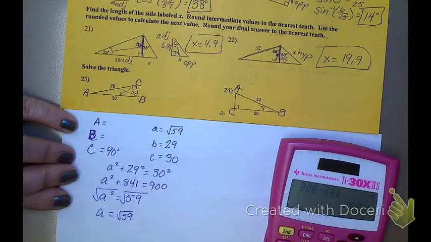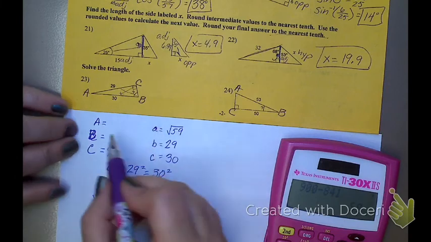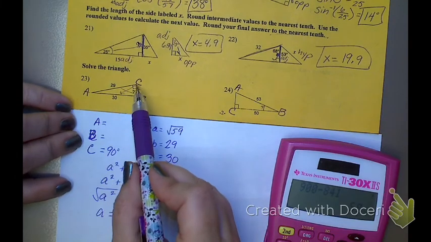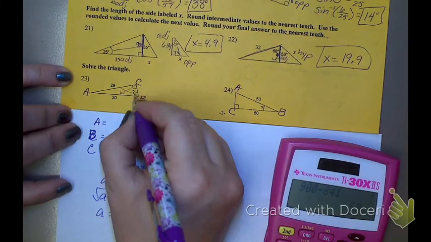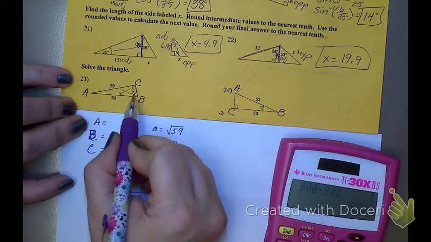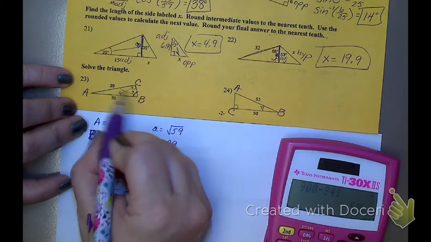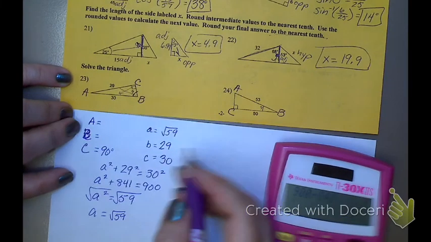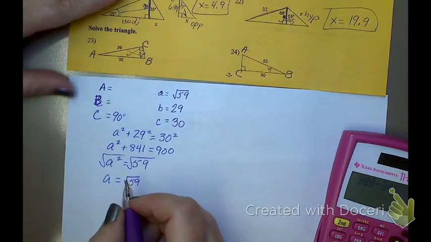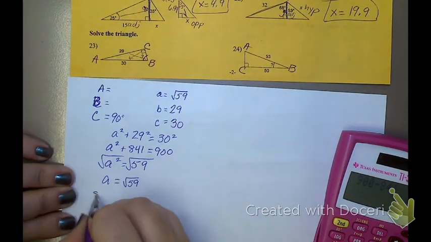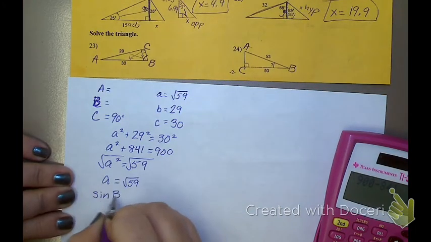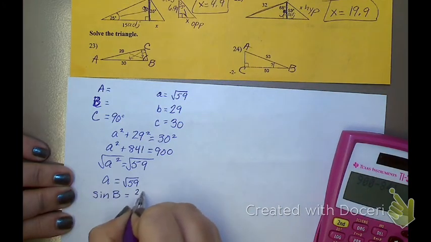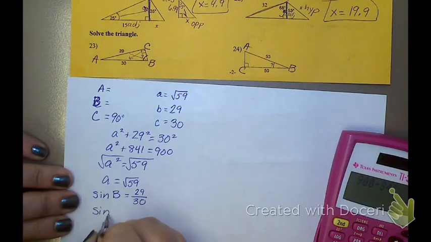Okay. Now, let's see. I know what C is. Let's find angle B. And I'm going to use the two values they give me. They give me the opposite and they give me the hypotenuse. That would be sine. So I'm going to say that sine of B is equal to opposite over hypotenuse, and this is where I use that inverse sine.